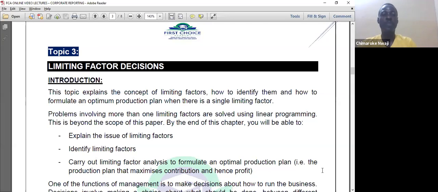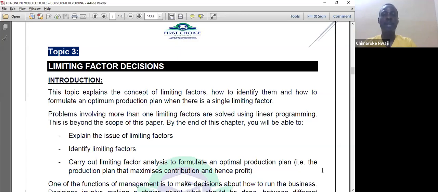It says this topic explains the concept of limiting factors, how to identify them, and how to formulate an optimum production plan when there is a single limiting factor. So you see here, like the topic said, limiting factor and not factors.